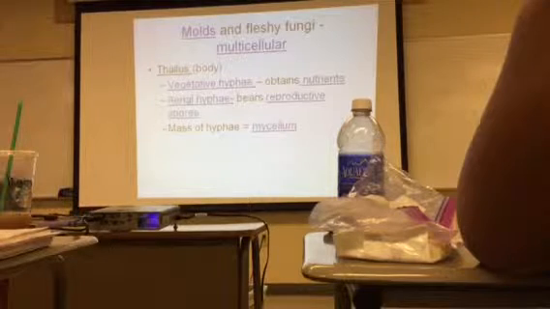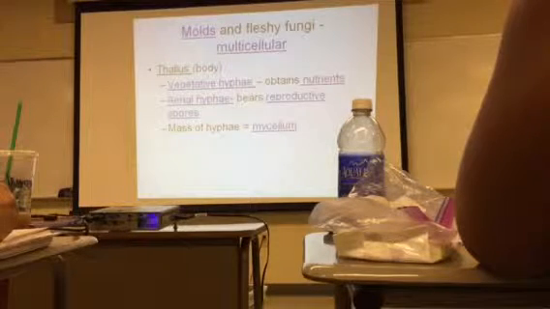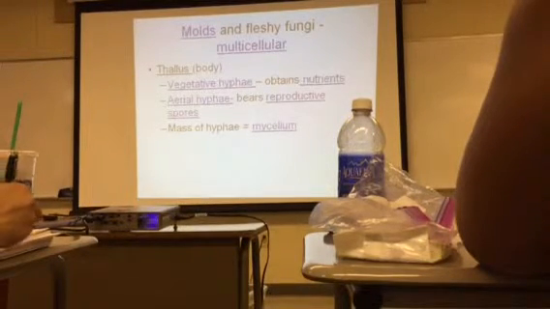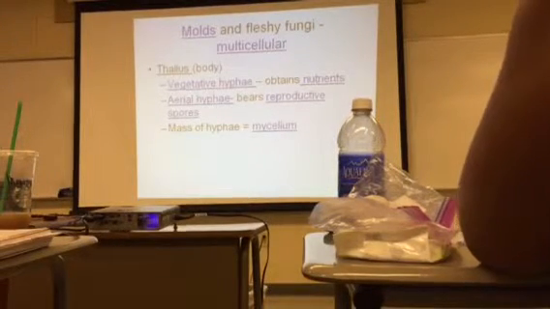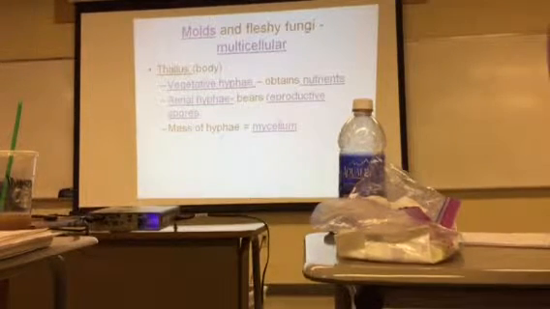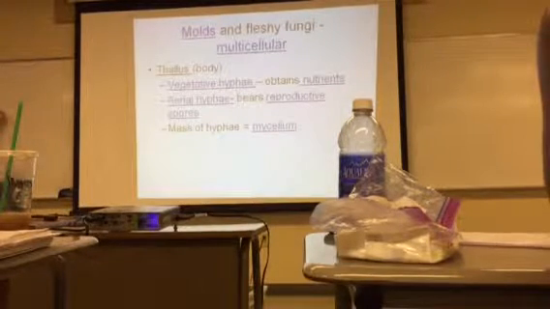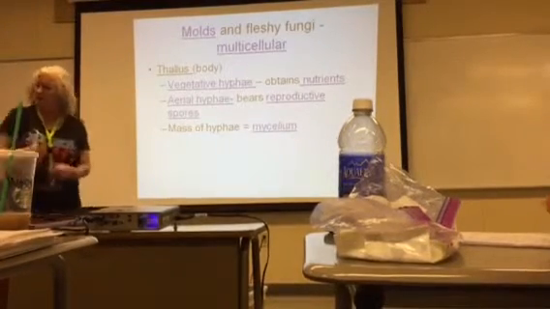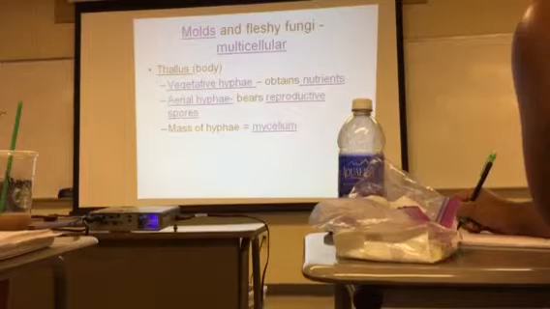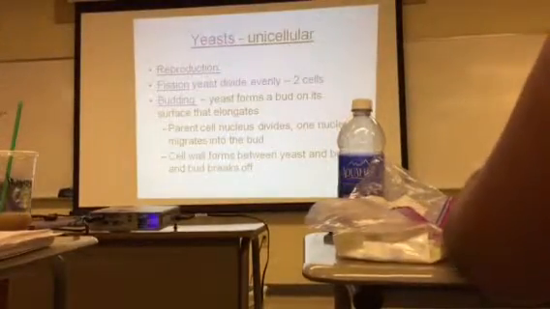So off this vegetative hyphae, the fungus might grow up a stalk, and this is an aerial hypha. A bunch of these hyphae that grow together is called a mycelium. So look at your mushroom stalk, that's a mycelium. That's a lot of single-celled hyphae in it.